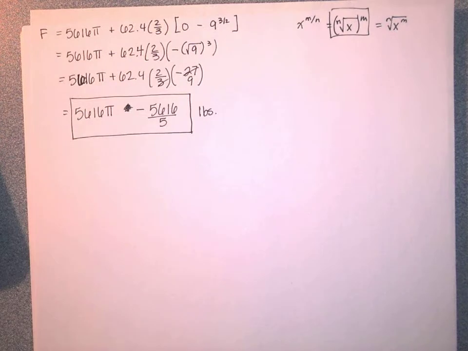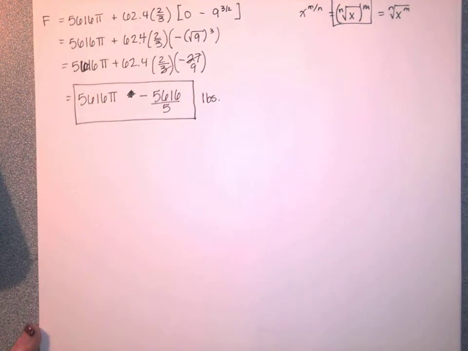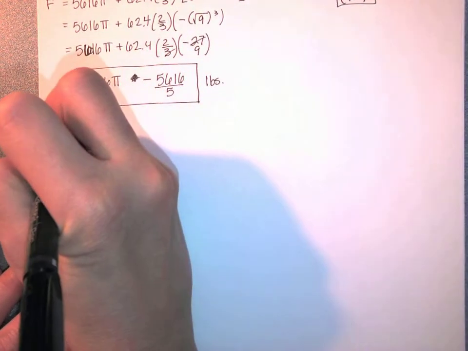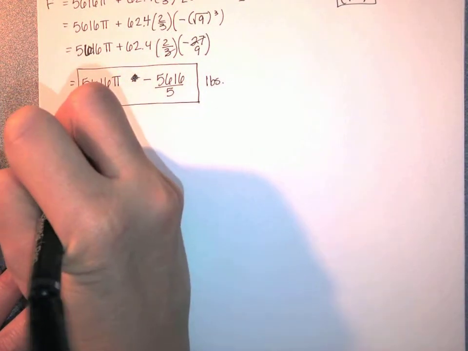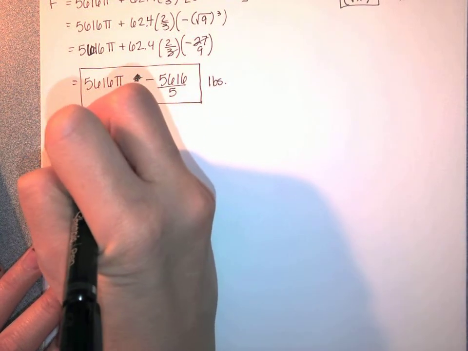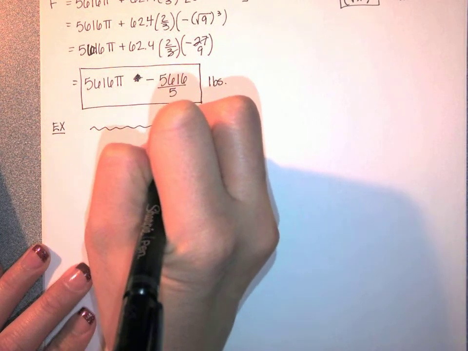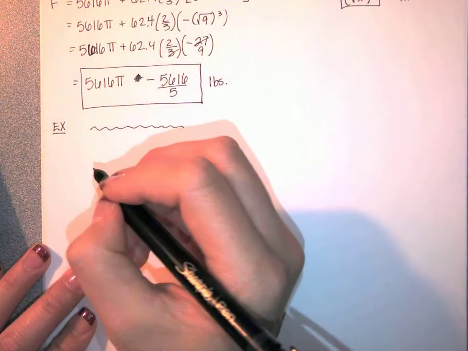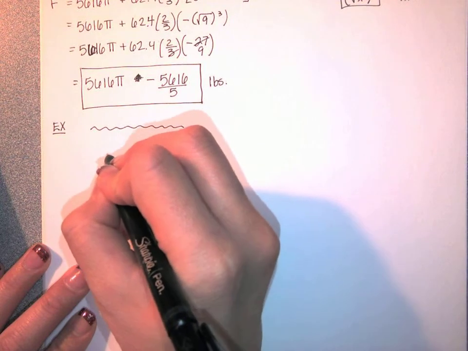Okay, so let's do a different one. Maybe this is your water level, and you've got a triangle that looks like this.